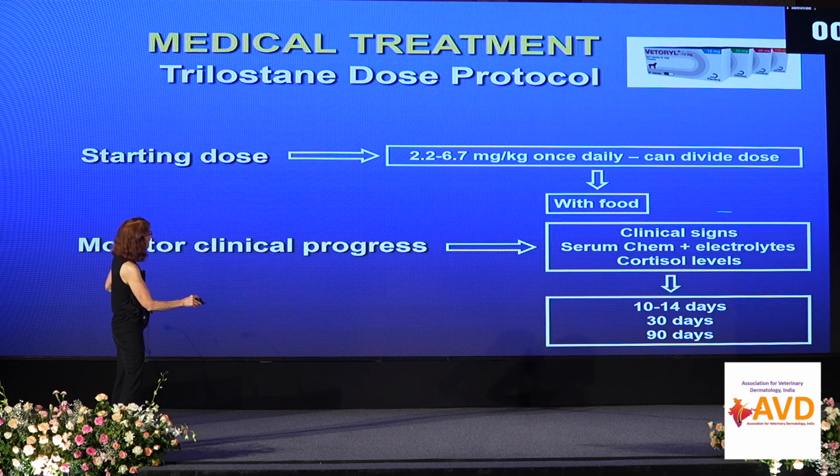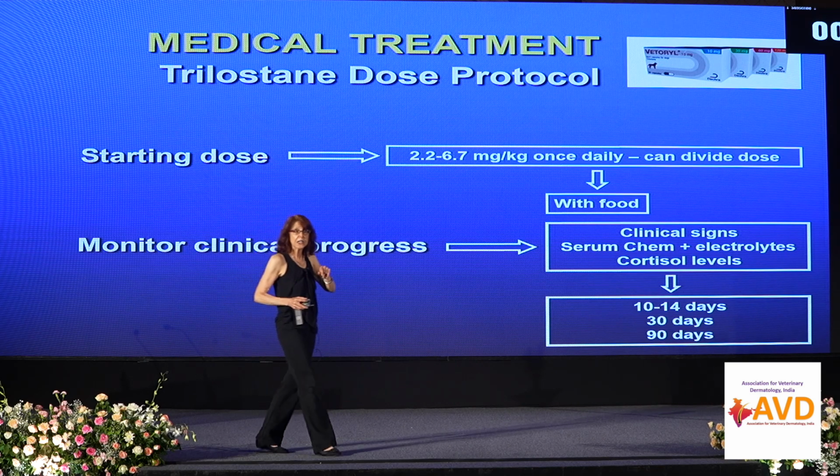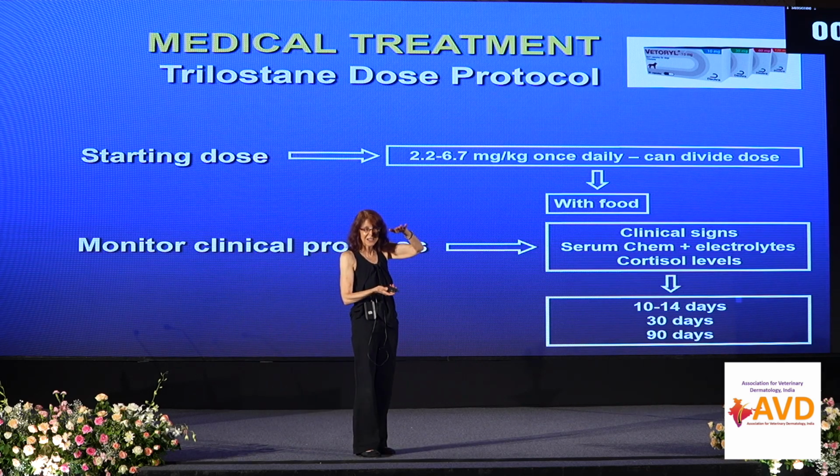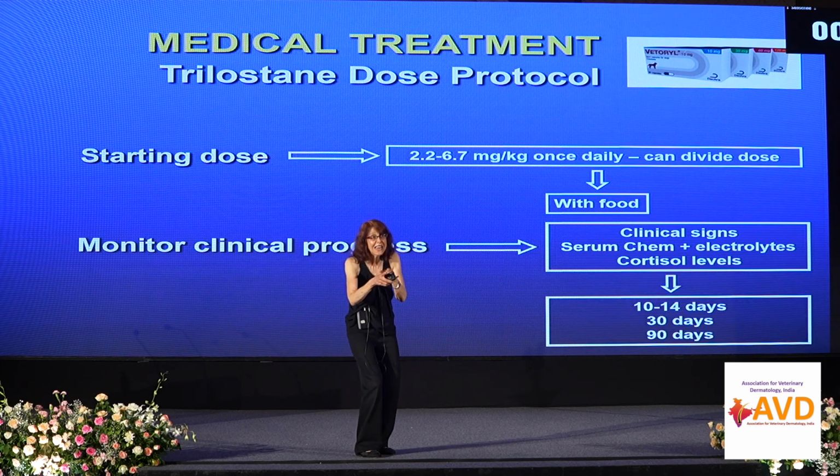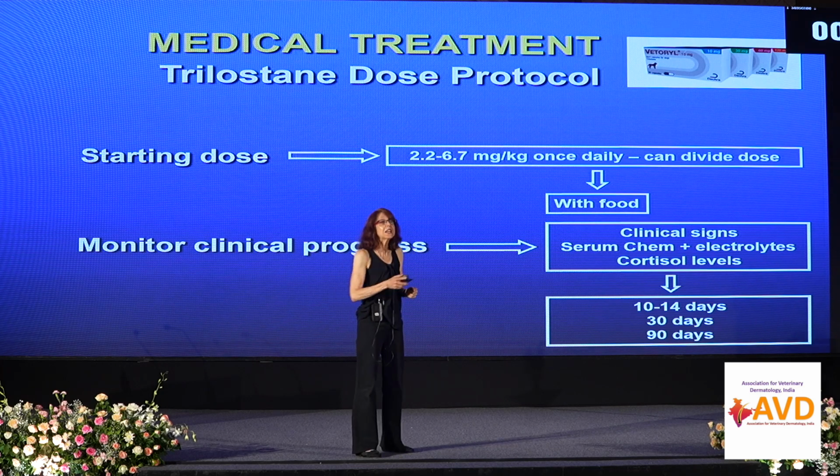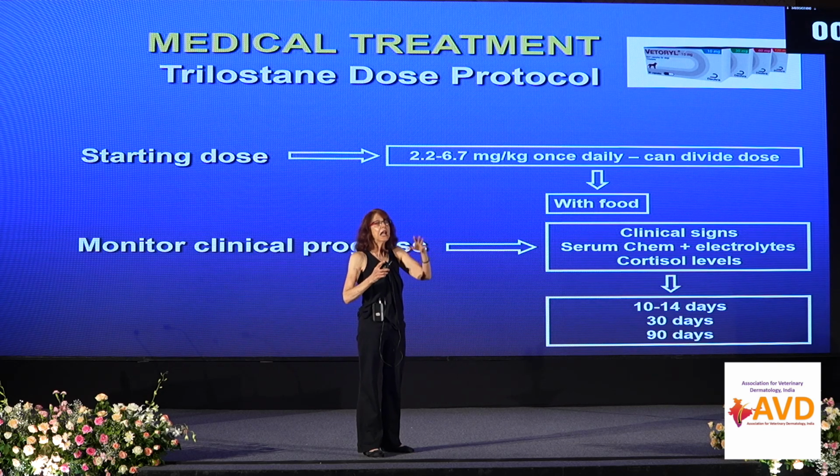So you're looking at the clinical signs. Nagarajan, did you give them that questionnaire that I sent you? Oh, it's in there? Yes. Because you can use a questionnaire. This is what's published, to really assess your cushingoid patient.